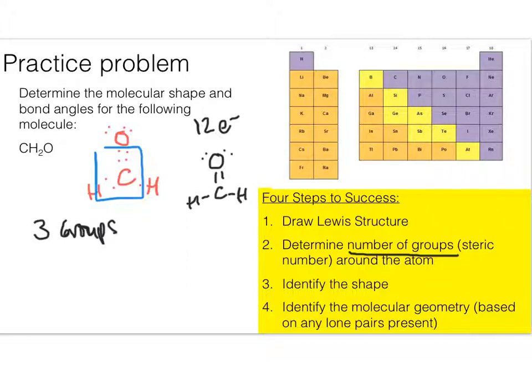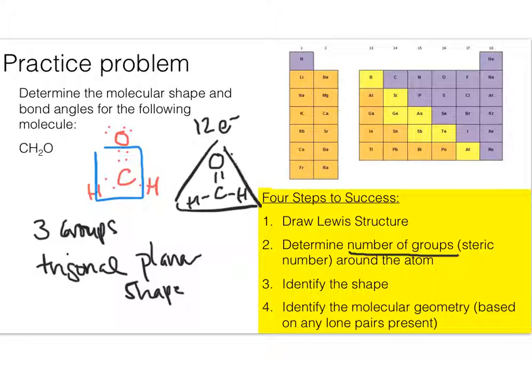And because we have 3 groups, in this case, we want to go back and look at our previous example, and we can see that putting those 3 groups as far away from each other gives us a trigonal planar shape. And we don't have to worry about lone pairs in this case. There are no lone pairs on that particular carbon. And so that is the shape. It is a flat molecule. It's kind of triangular in shape.